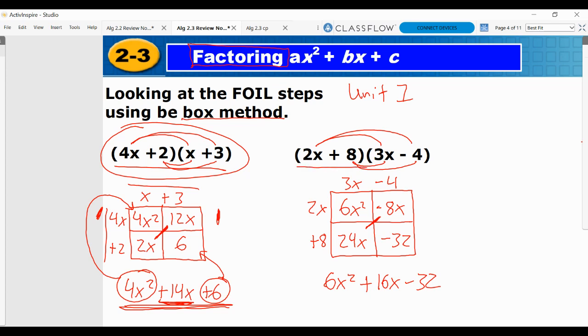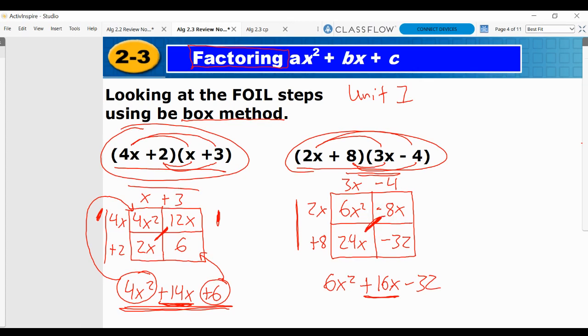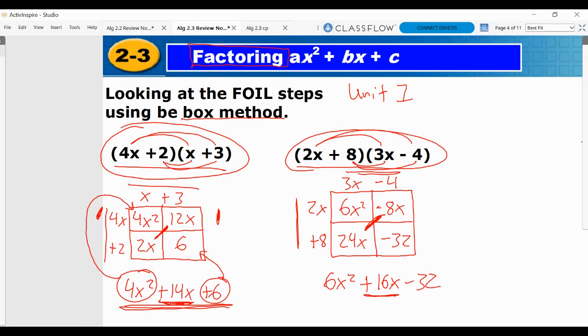Same with this problem over here. If you take a look, you have 2x plus 8 times 3x minus 4. Here's your setup on each side. You multiply everything, you get everything in the boxes. You combine your like terms in the middle, and it gets you plus 16x when you add 24x and minus 8x together.